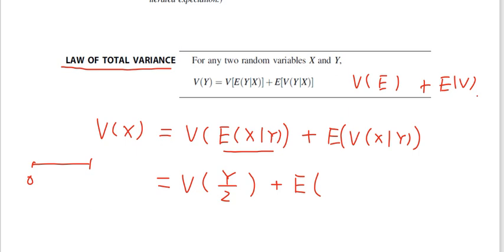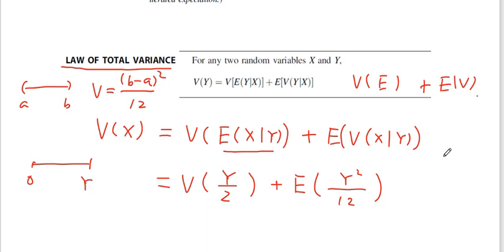For a uniform distribution from A to B, the variance is (B minus A) squared over 12. We can regard this as a formula, and you can also easily confirm it. So the variance is (y minus 0) squared over 12, so y squared over 12.